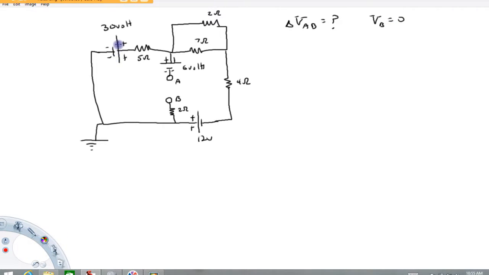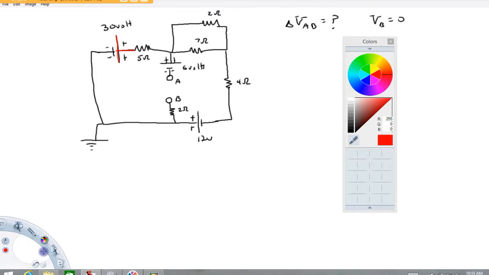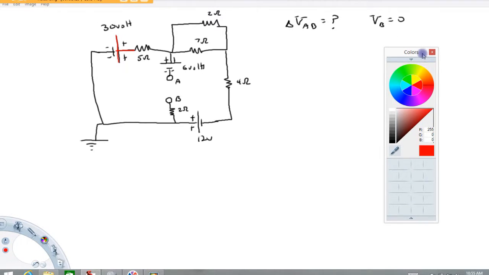All right, this is 30 volts higher, so I'm going to make this potential red. That's going to be good just in this small region. Red potential I already know is plus 30. When we go across this resistor, we're going to drop in potential, so we're going to have a new color. That's going to be good up to this point and all the way to here.